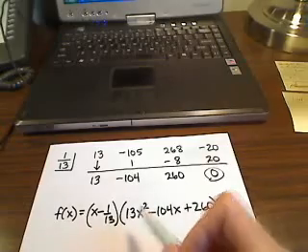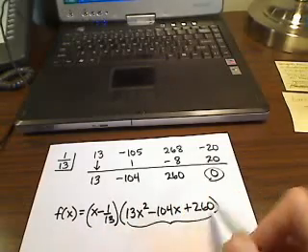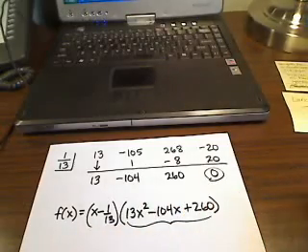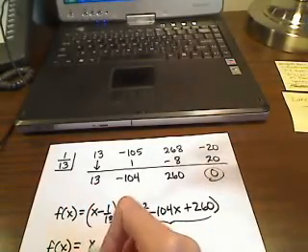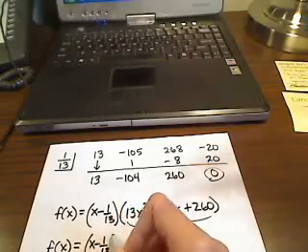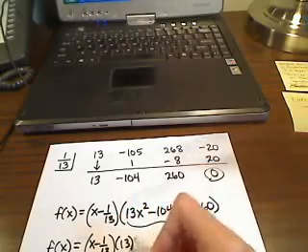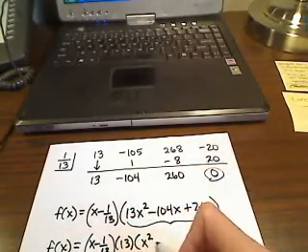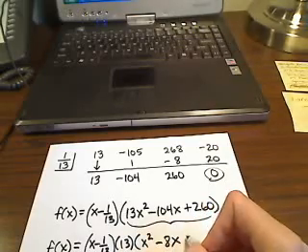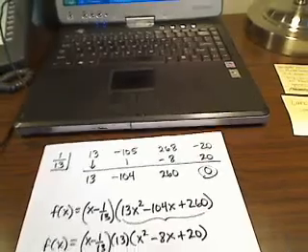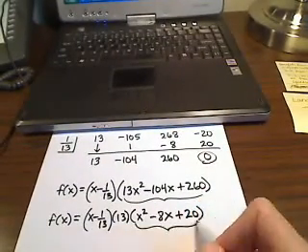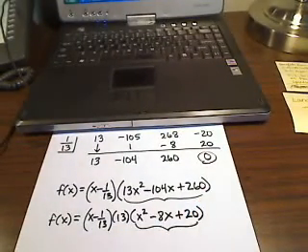Now the question on email was basically, how do I solve that? First of all, we can factor out a common factor of 13. So pull out the 13, and you're left with x squared minus 8x plus 20. Since it doesn't factor, we would want to stick it into the quadratic formula.